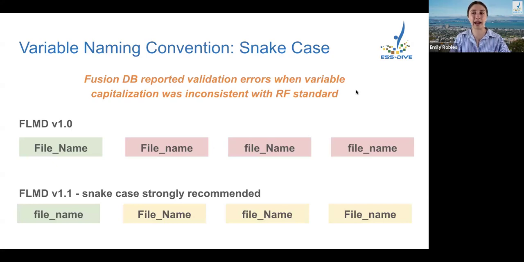Snake case is also more common, especially in programming and variable names, so when looking to harmonize across the reporting formats, it came to the top as the best option. But I do want to stress that it's still backwards compatible and we are allowing both the original naming convention for those required, recommended, and optional fields, as well as other capitalization if errors are made.